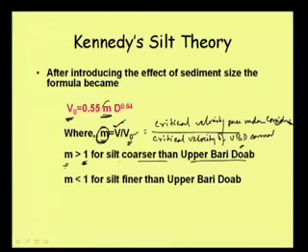A larger velocity will be required for eroding the channel, and that is why this m value will be greater than 1. And if your silt is finer than the upper Bari Doab canal region, then this m value will be smaller.